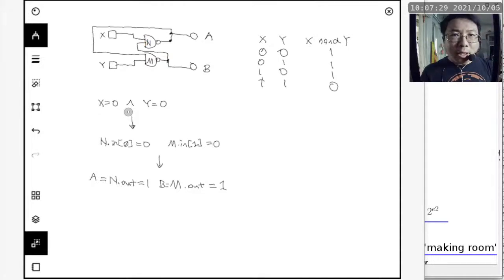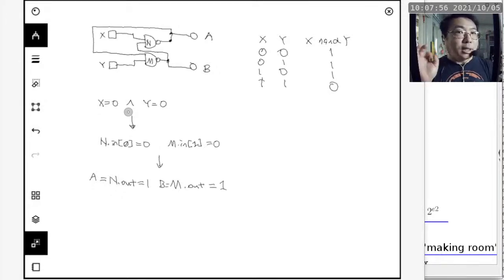Whatever the outputs of n and m are, going back to try to change the past is not going to be able to, because one of the inputs of n and m comes from the input pins, and the input pins are not going to change, not during this analysis. So even though A and B, the outputs of n and m, are both determined, it's not going to change anything at this point. But we have to make sure.